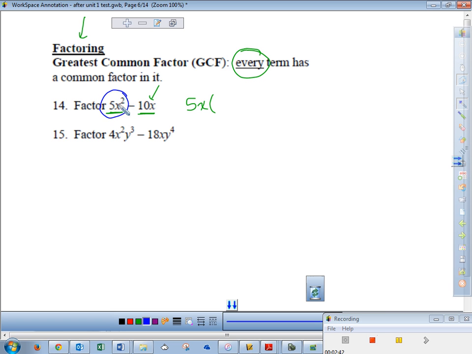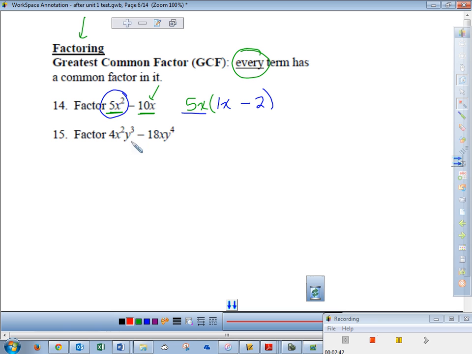Then if you were to take this guy divided by this guy, 5 divided by 5 is 1. X squared divided by x is x. Or if you could think of it, 5x times what would give you 5x squared. Minus. Then you divide 10x divided by 5x, 2. And x's cancel each other out. We just undistributed a 5x, taking out the GCF.